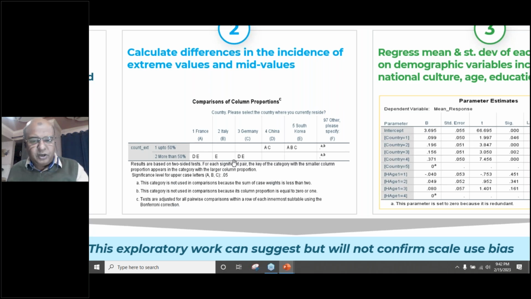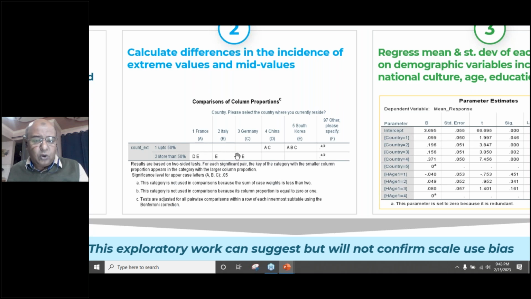And we did a univariate percentage comparison across the columns, a test of column proportions. We see here that France, Italy, and Germany all have a higher proportion of respondents giving extreme scores more than 50% of the time than South Korea.